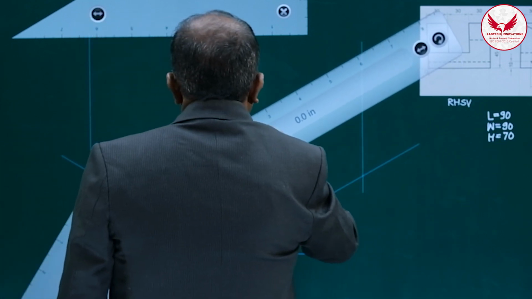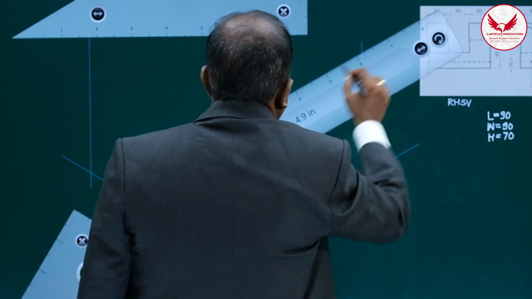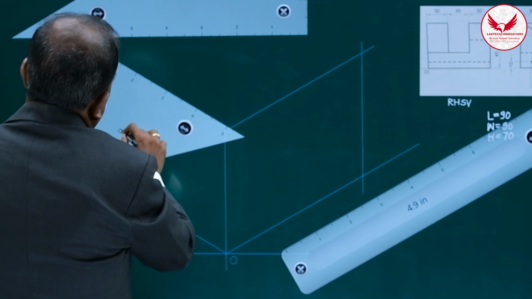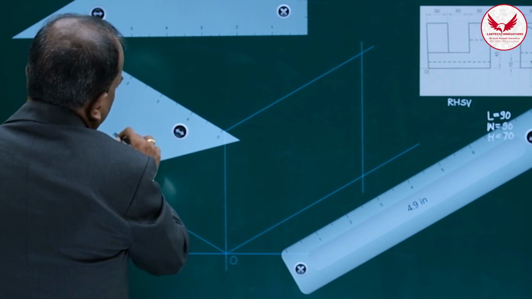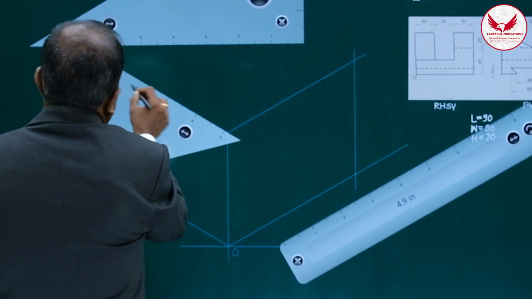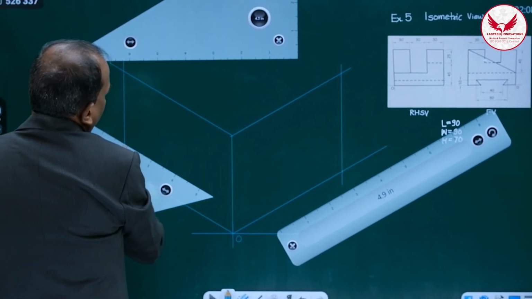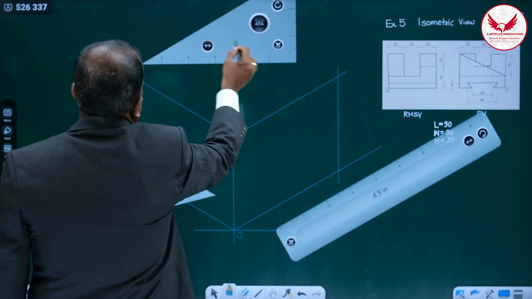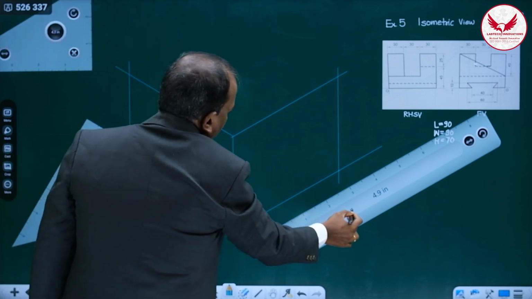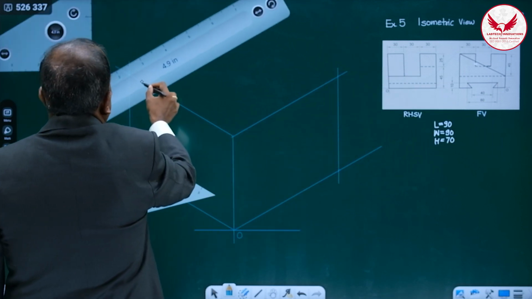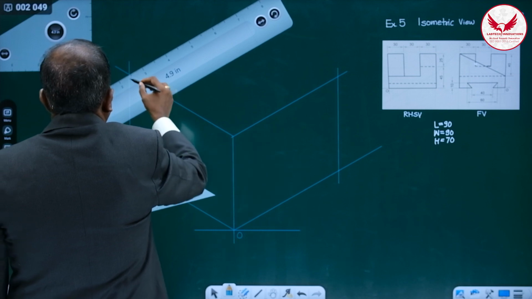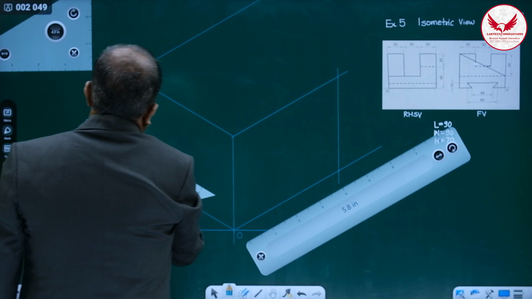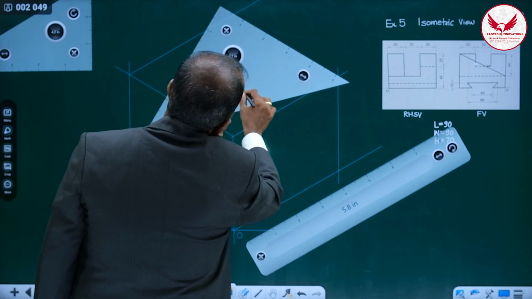parallel to width. Now in this problem width is on right hand side and length is on left hand side. These two will intersect at these two points. Then again from this draw a line parallel to width, width means towards right, and from this parallel to length.